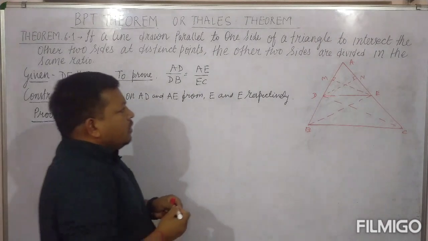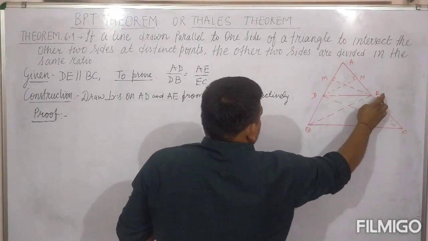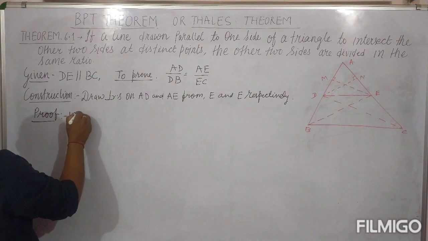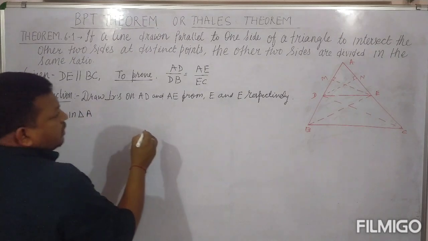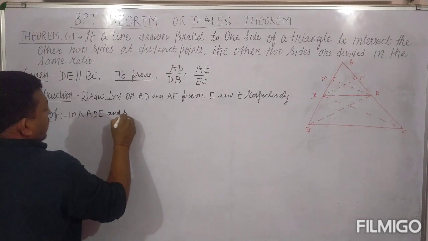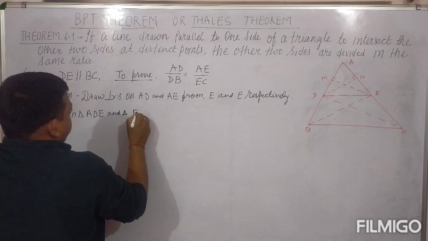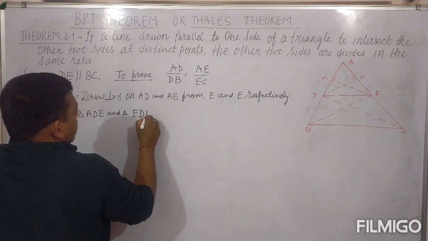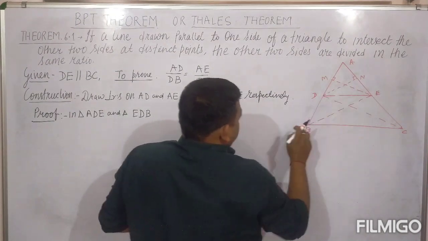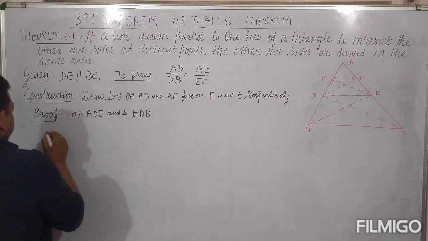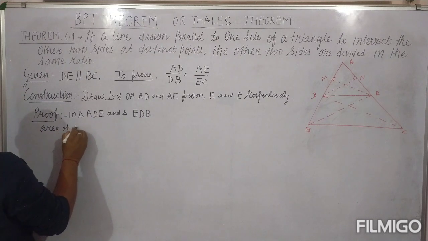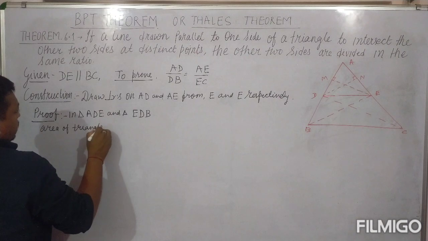First we will take triangle ADE and triangle EDB. Area of triangle ADE.